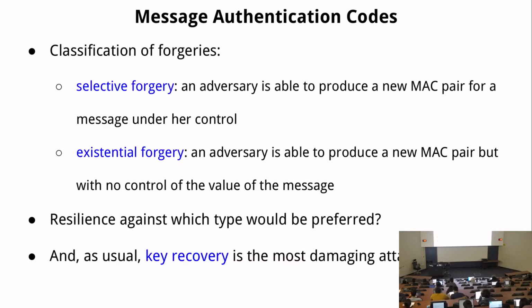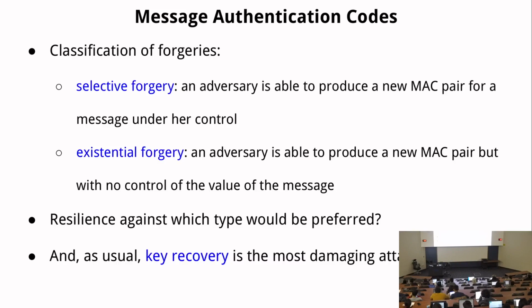Then there's another one, existential forgery. The attacker is able to produce a new MAC pair, but with no control of the value of the message. So in the second attack model, the attacker's goal is in a much weaker form.